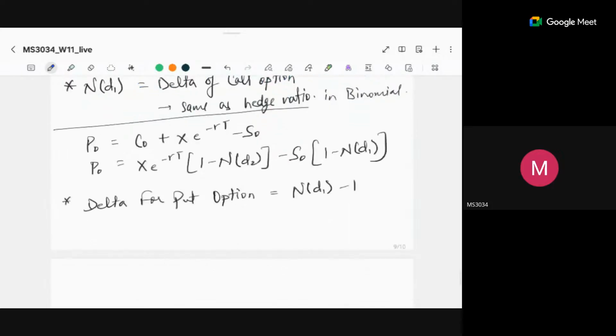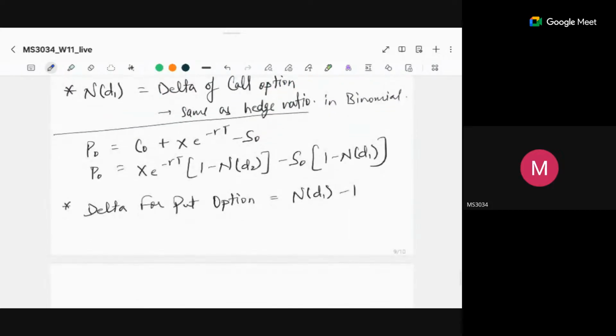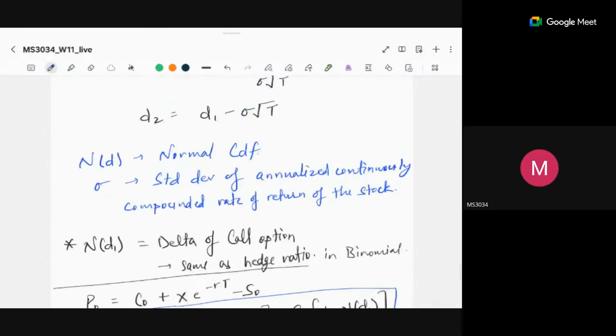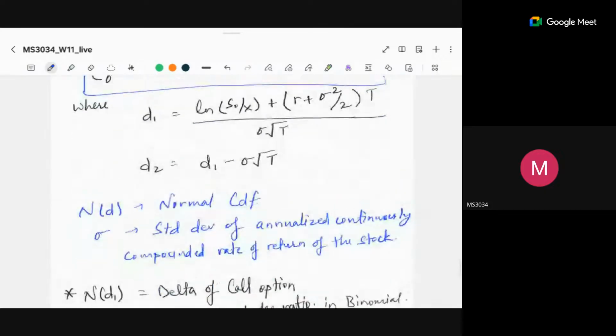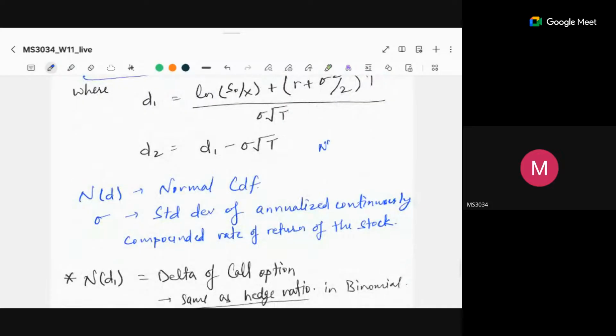And if you derive the same Black-Scholes formula for the put option, your put option formula becomes this one. Here, if you notice, the coefficient with your stock price is minus of 1 minus N(D1), so N(D1) minus 1. Okay. So these N(D1) and N(D2) are the normal CDF. That means these are probabilities.